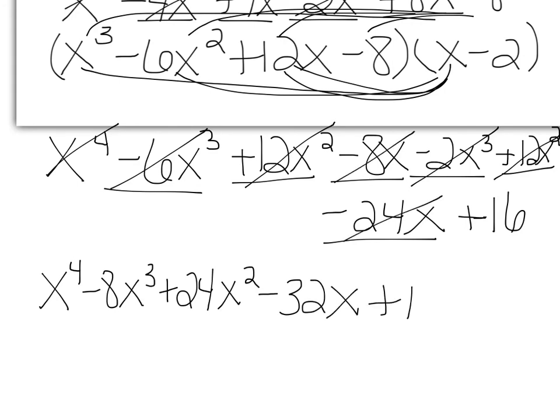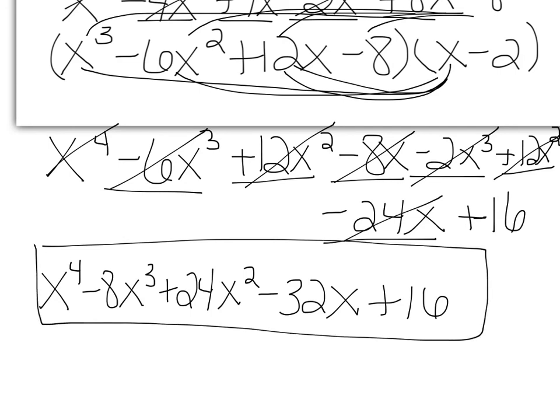And then I've got plus 16. So again, it's x to the fourth minus 8x cubed plus 24x squared minus 32x plus 16. Sorry, I was checking my answer there. Okay, and I was correct.